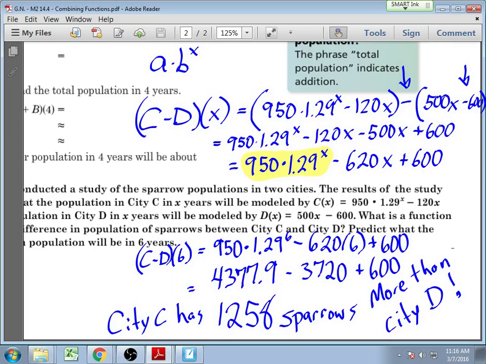So if you were looking at where should I put my farm or where should I grow a certain item, and you knew that this city was going to have 1,300 more bees or bee colonies, that's really important. They take relative populations. They'll do like how many bees are in a hive and how many hives are sustained here.